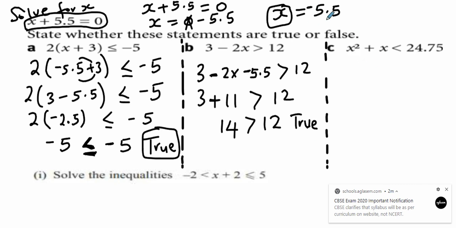Then let us do this one. Negative 5.5 is the value of x, so substitute it here. Many students will write it without brackets, and this is where they go wrong. Negative 5.5 should be in brackets before you write square: negative 5.5 in brackets squared, plus x, where x is negative 5.5.